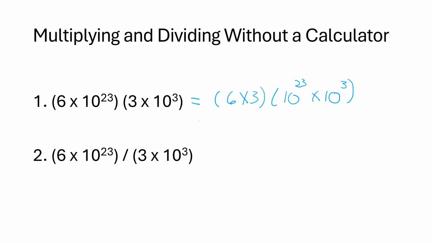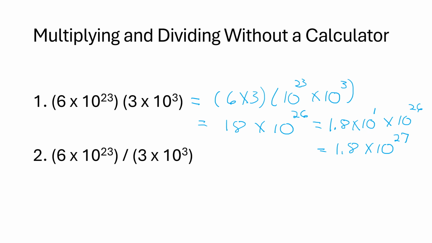And so this is going to give me 18 times 10 to the 26th, but 18 is the same thing as 1.8 times 10 to the 1st, and then that's still times 10 to the 26th, and so that's going to work out to be 1.8 times 10 to the 27th. We can't leave our number as 18 times 10 to the 26th, because that's not scientific notation. Scientific notation has only one digit to the left of the decimal, so we had to rewrite that.